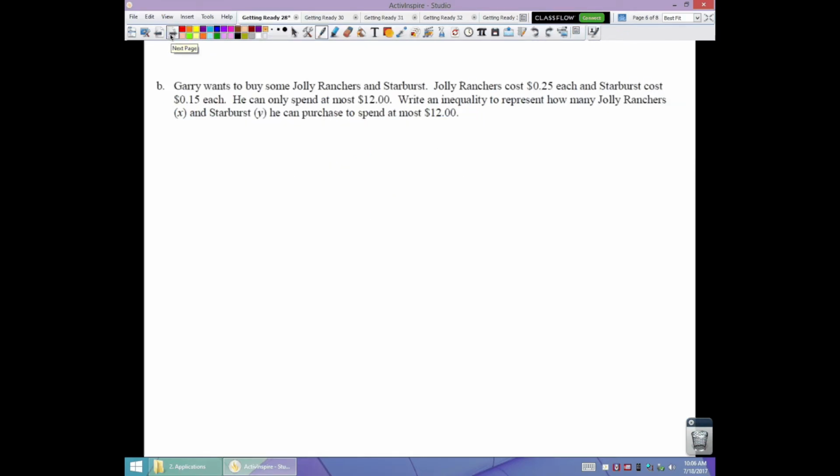B, Gary wants to buy Jolly Ranchers and Starburst. Jolly Ranchers cost 25 cents each. Starburst cost 15 cents each. He can spend at the most $12, meaning my total, when I add all my candy money up, has to be $12 or lower.